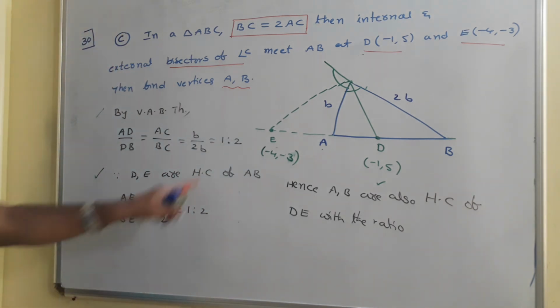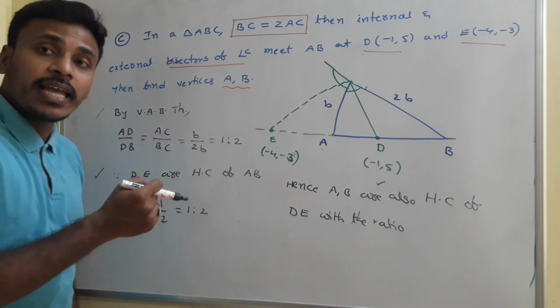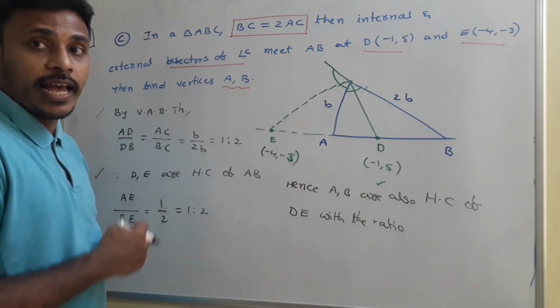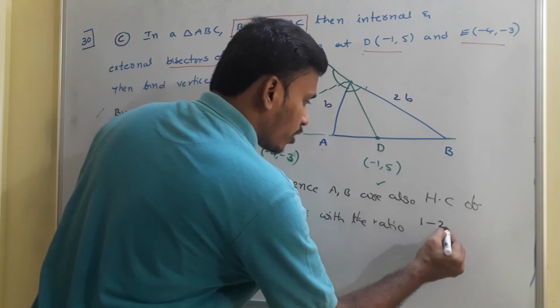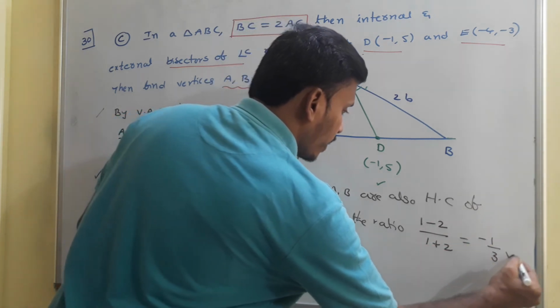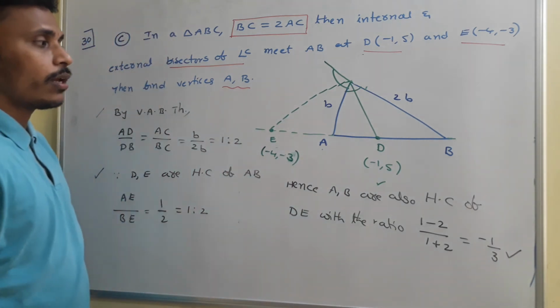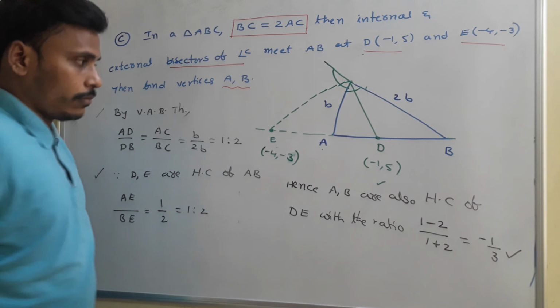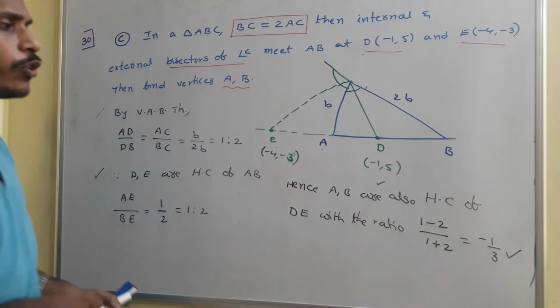The ratio is, since it is 1:2, you may take the ratio as m minus n by m plus n, as we said. Okay, m minus n by m plus n, 1 minus 2 by 1 plus 2, and that is equal to minus 1 by 3. Since it is minus 1 by 3, what you need to calculate?